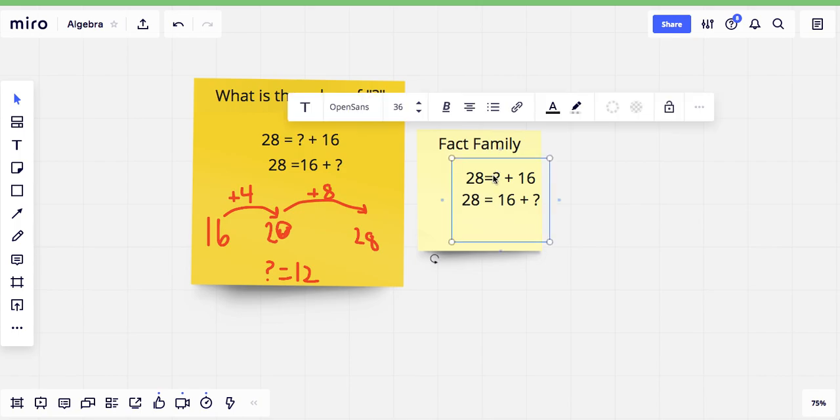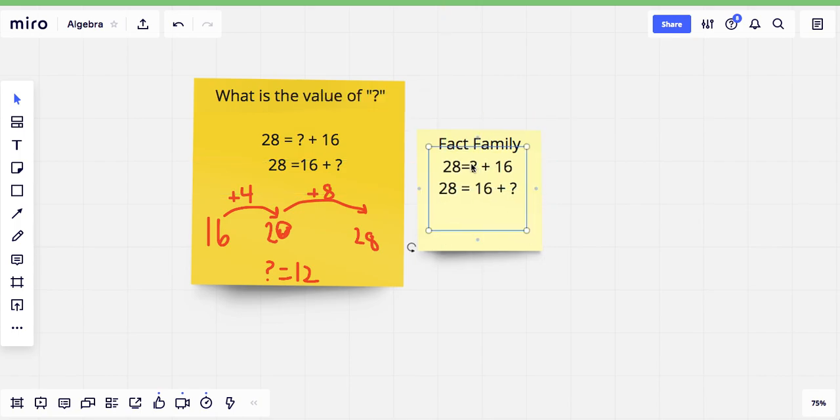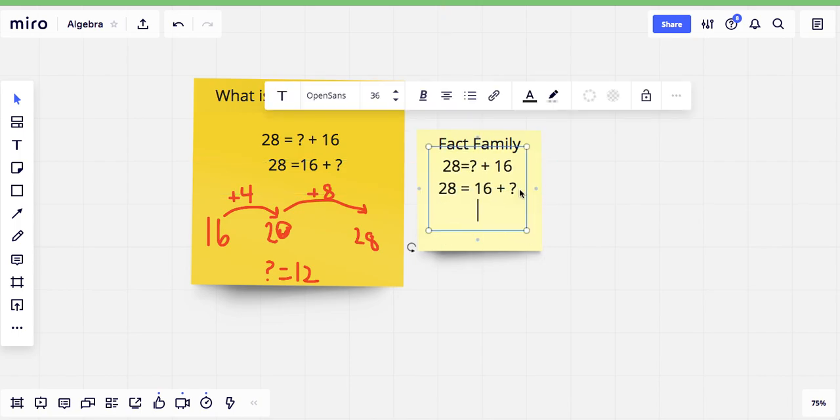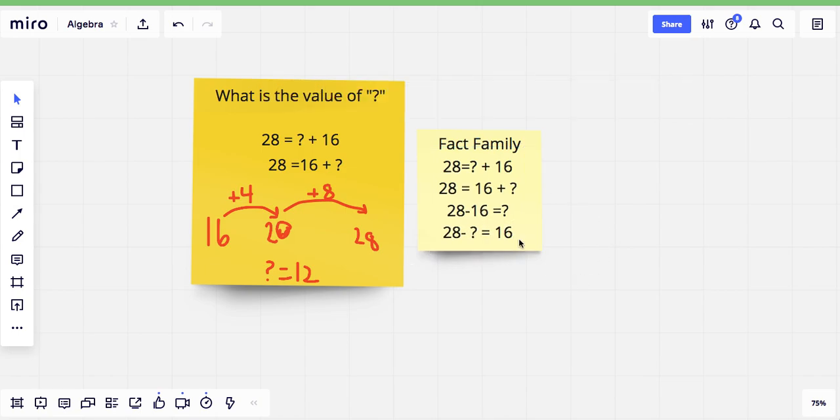And we can also take these facts and do our subtraction fact family members. So I could say that 28 minus 16 equals question mark, and 28 minus question mark equals 16.